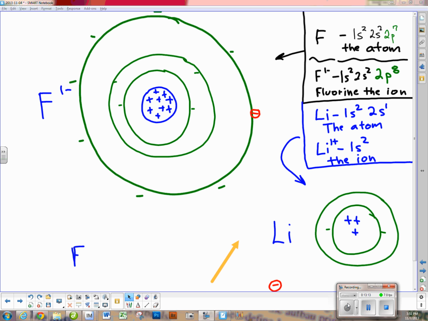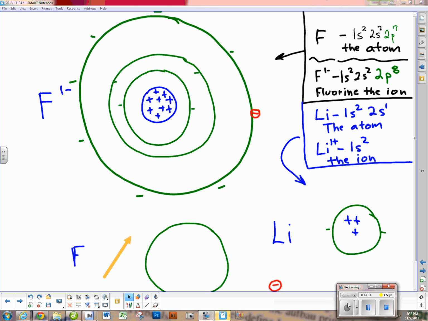So just to summarize, let's look at everything nice and clean. First of all, this guy over here is our fluorine ion. He's an ion because he got this one electron from lithium, who now has no 2s sublevel and no principal energy level 2.